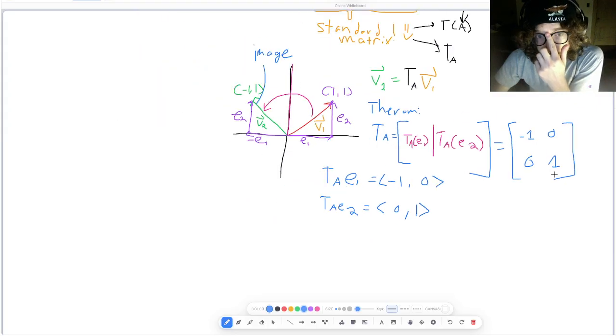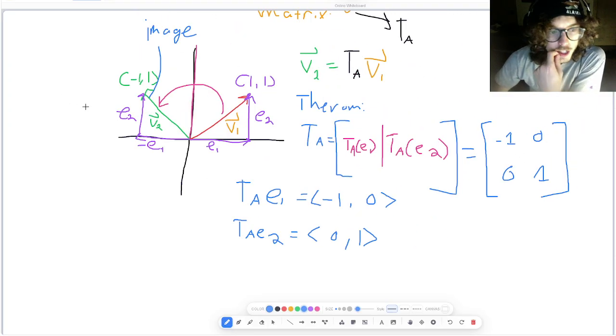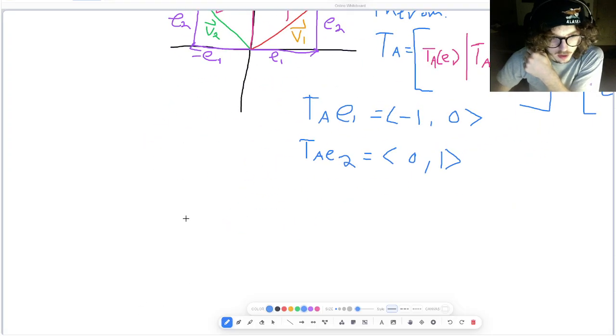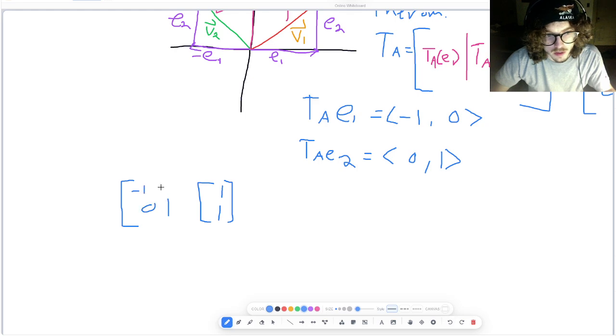And in fact, when you multiply V1 with this T of A, you're going to get out V2, and I can prove that. So V1 was 1, 1. Let me just do it like this. You have to make sure the multiplication works. Negative 1, 0, 0, 1. So let's check. Does the multiplication work here?